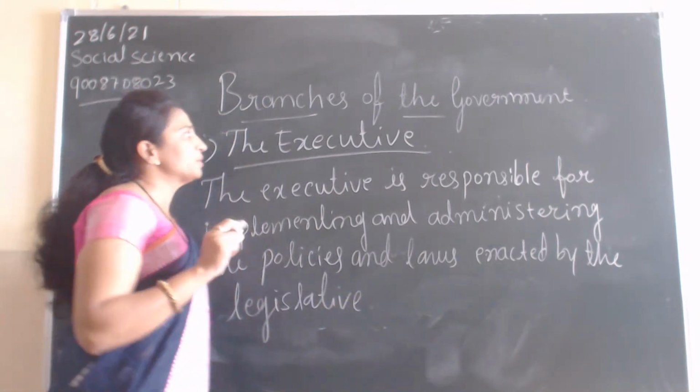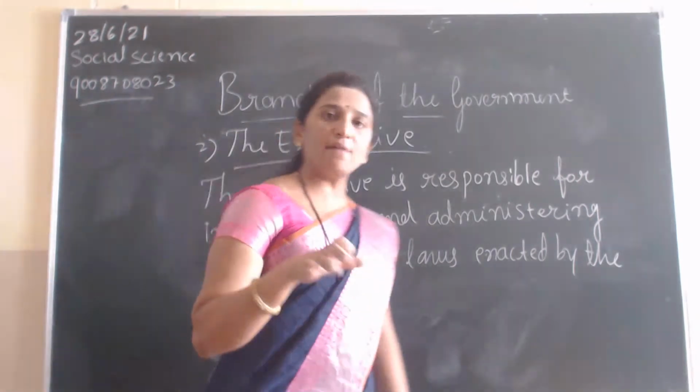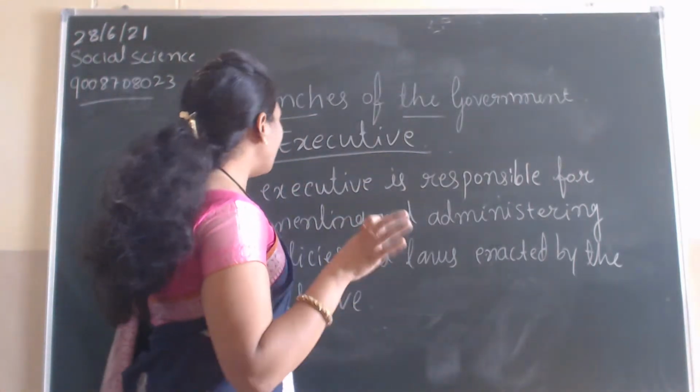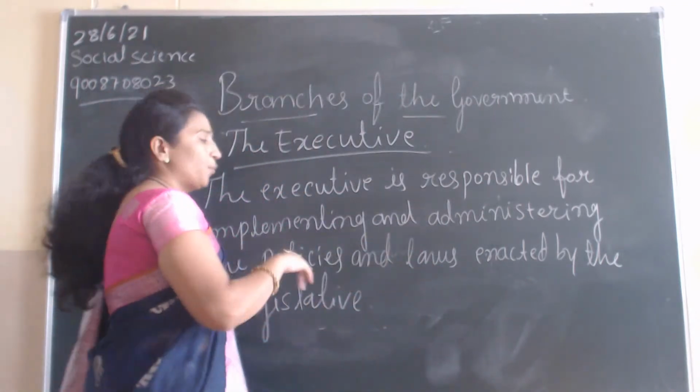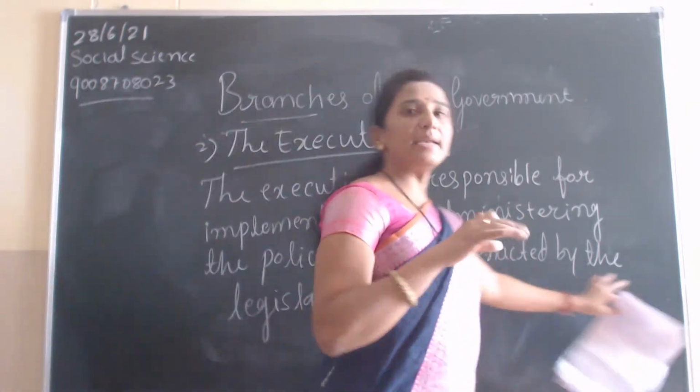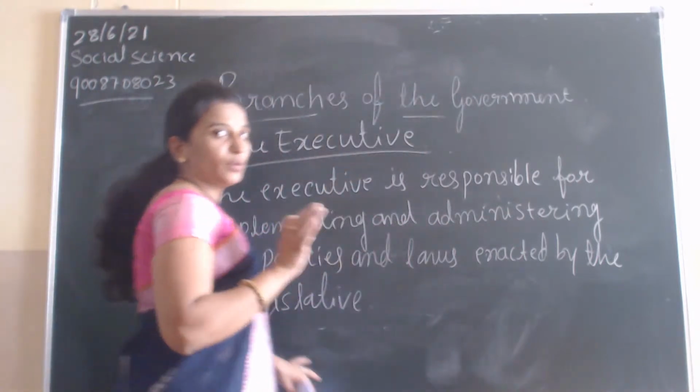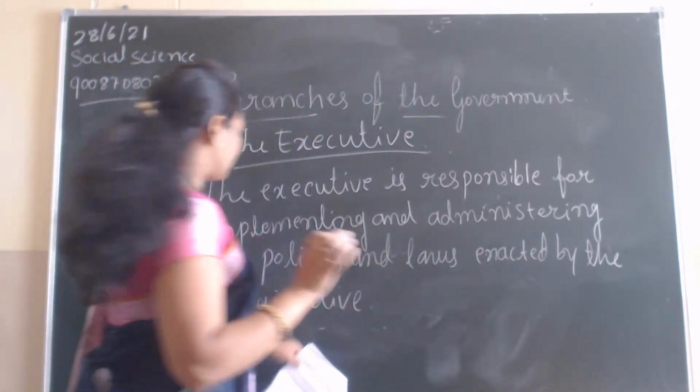This is the short information about the executive. They have the responsibility of implementing and administrating the policies and the laws enacted by the legislative branch of government. Write down this.